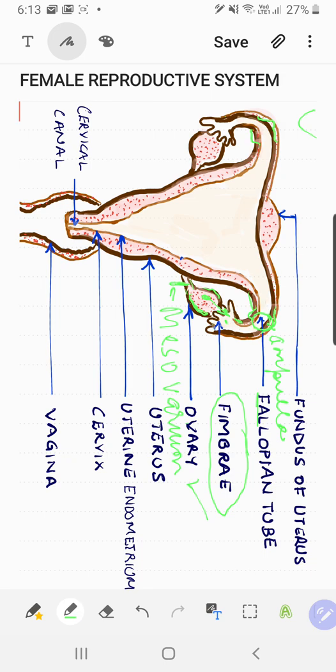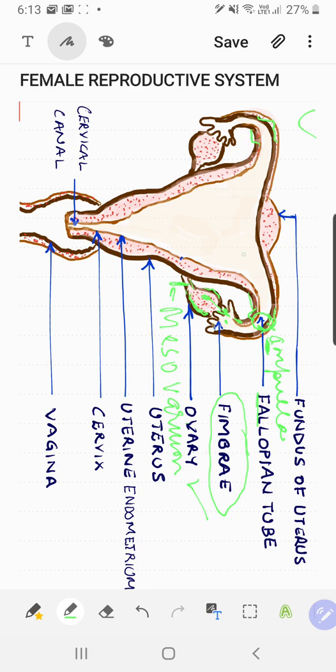Till now, when asked what is the site of fertilization, you tended to answer fallopian tube, but now you have to know the precise location within the fallopian tube. So the middle portion of the fallopian tube, which is slightly swollen, is the site for fertilization, and it is known as ampulla. Right, children?